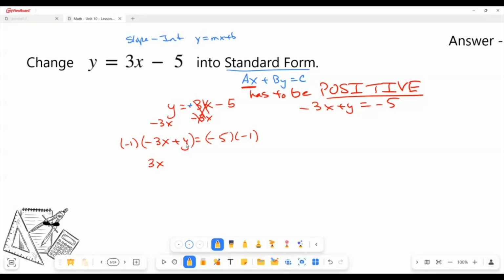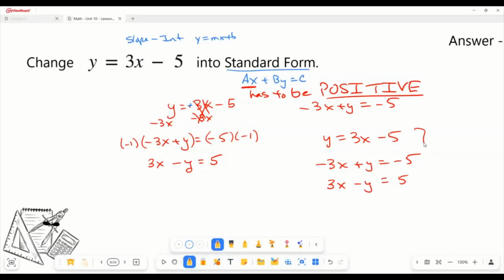The -1 times positive y is -y, and -5 times -1 is +5. So what this means is that y equals 3x minus 5 is the same as -3x plus y equals -5, which is the same as 3x minus y equals +5.